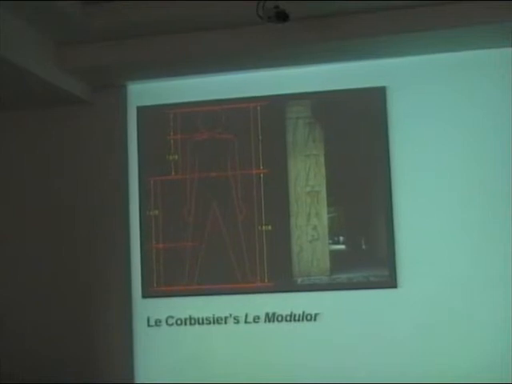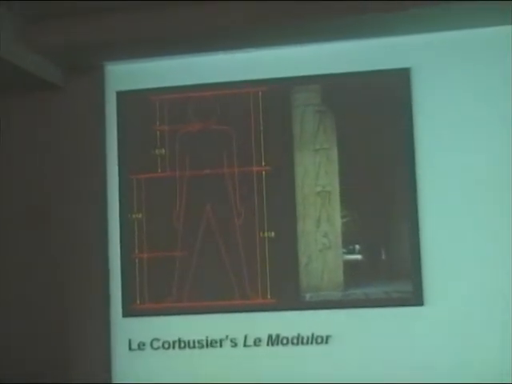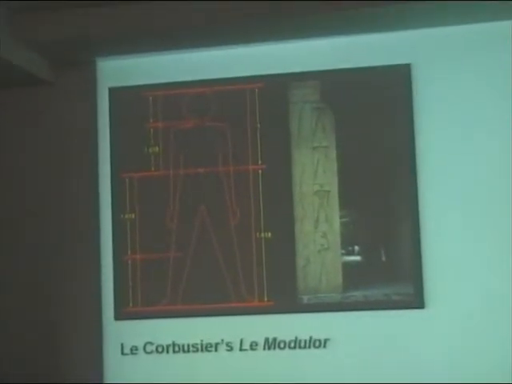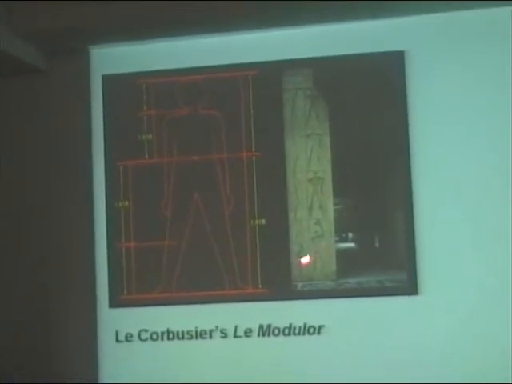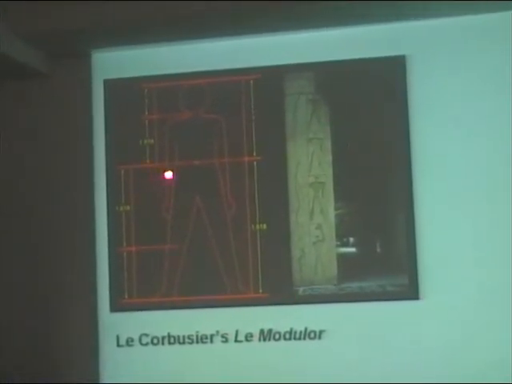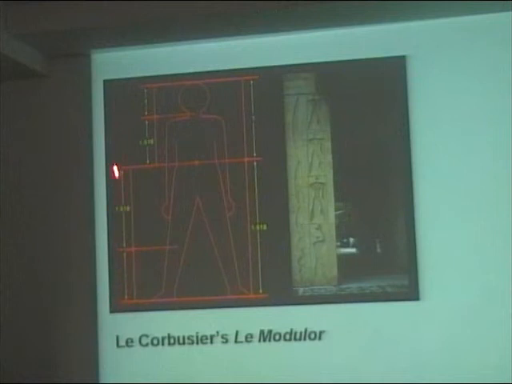The human being shows the golden ratio in our proportions. And furthermore, you can keep dividing. You take the upper part of us and divide the upper part at the neck, you get exactly the same thing, the golden ratio. And if you take the bottom part and divide it at the knee, you get the same thing, Le Corbusier said, the golden rectangle. Now, in fact, that works pretty well.